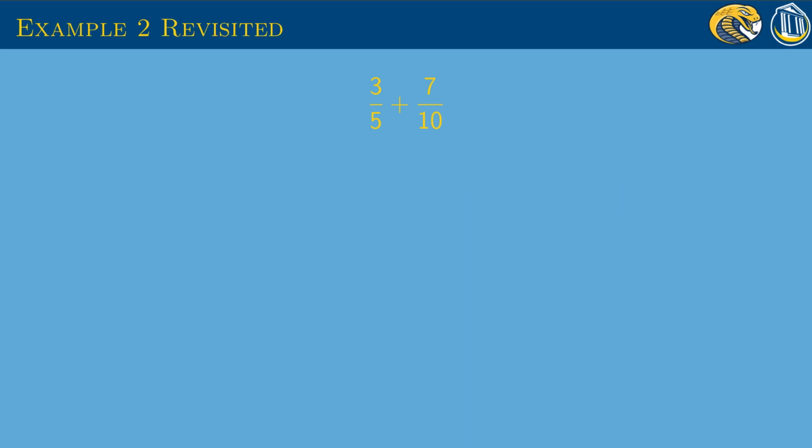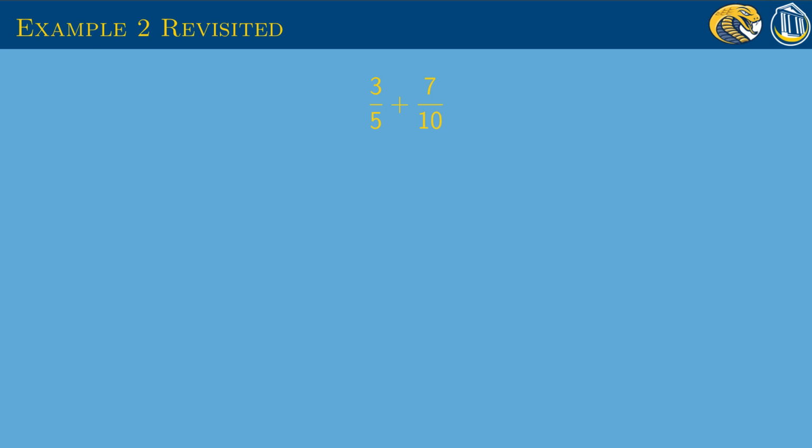Now, the technique we just used isn't necessarily the best one, because we ended up having to take these really big numbers in our final answer and simplify them. If we want, we can find a common denominator in another way in some cases. In this example, same as before, we have 3/5 plus 7/10, and we want to find a common denominator.